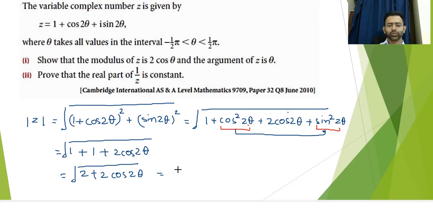So 2 plus 2 cos 2 theta, taking out 2 outside as a common factor, you remain with 1 plus cos 2 theta inside the bracket with the square root sign, right?